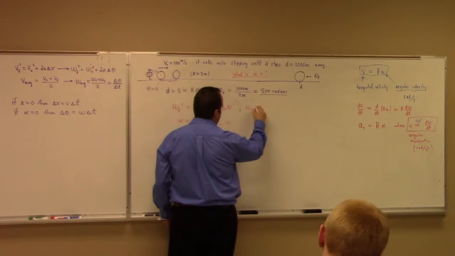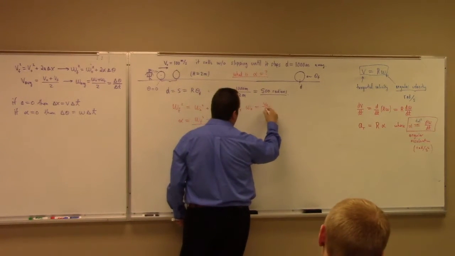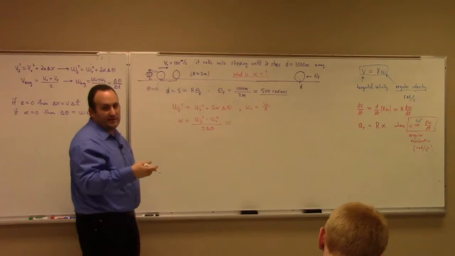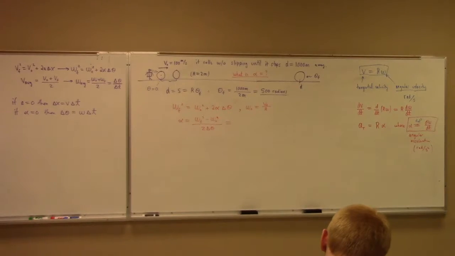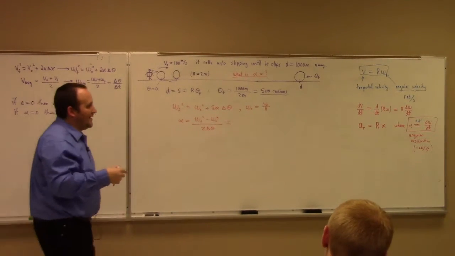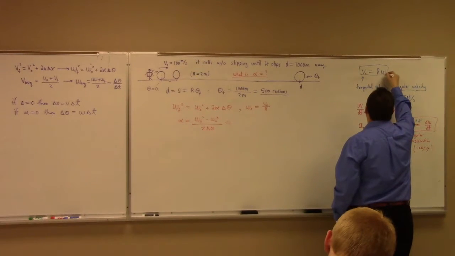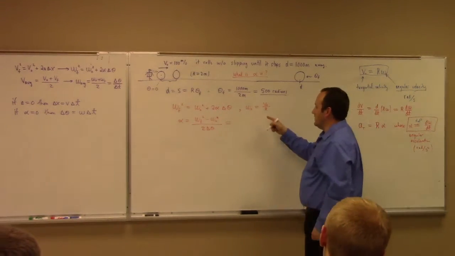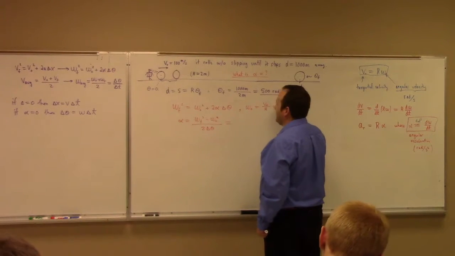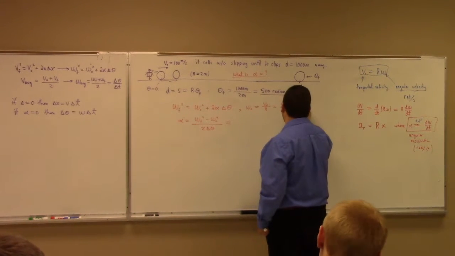Omega naught should be v naught divided by r. If you want the radians per second, you must take the meters per second and divide by the radius. Or in other words, go back to this, put a naught on it, solve for omega naught, divide by r. So omega naught is v naught over r, which in our case is 100 meters per second divided by 2 meters. Don't you feel better about my decision to make that 2 meters?